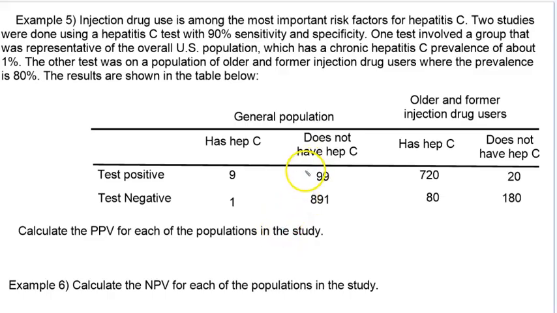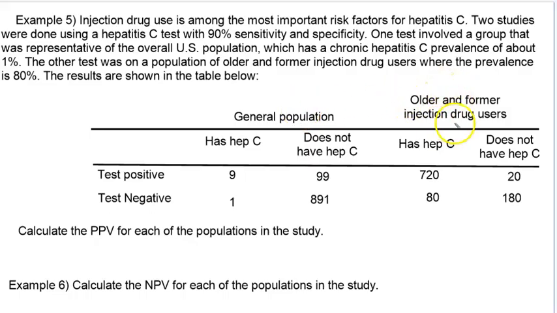We have this example: injection drug use is among the most important risk factors for hepatitis C. 2 studies were done using hepatitis C with a 90% sensitivity and specificity. One test involved a group that was representative of the overall U.S. population, we'll call that general population, which has a chronic hepatitis C prevalence of about 1%.